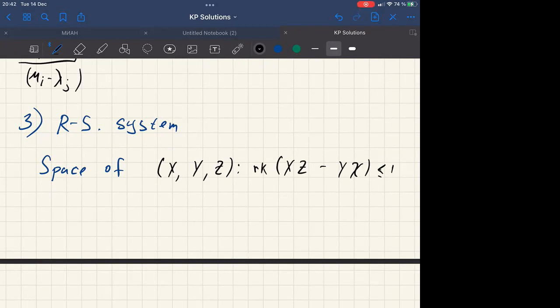The evolution is given by infinitely many variables, and it can be written this way: it's t y z, and it is equal to e minus c y x.